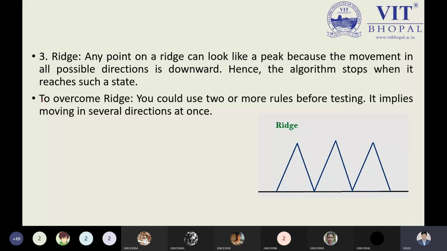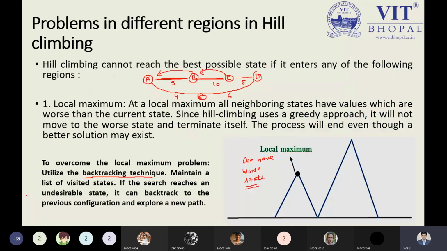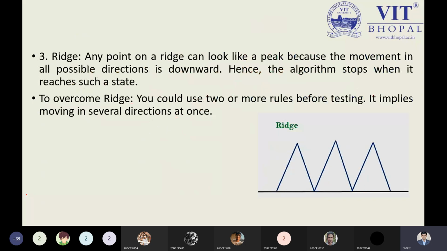Another approach, if you remember the first one, is backtracking. I can write over here for information: if you are stuck in a ridge problem, then you have two options.